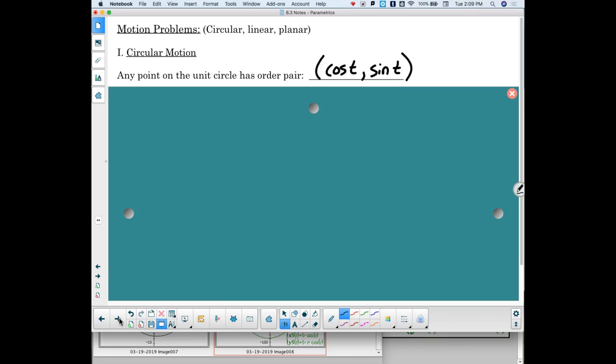My y function would be y of t equals sine of t. Yep. But that's for the unit circle. Unit circle has a radius of 1.